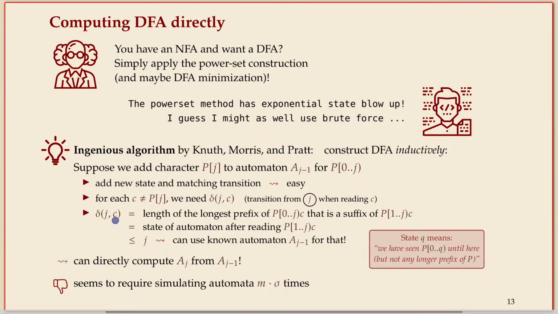And let me spell out a bit to explain what the transition function is supposed to do. And that's, remember this box from before that we've used. What is the meaning of a state? So this new state, if I go from state j and I read a character c that is not the next matching one, I'm supposed to find the longest prefix of this string, the first j characters of the pattern and this new character c added.